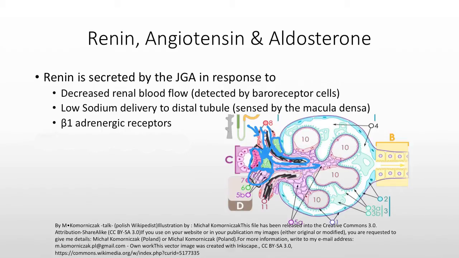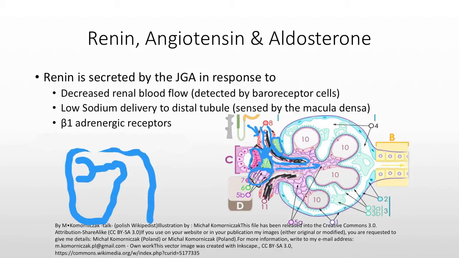Another way is, suppose this is my glomerulus, my proximal convoluted tubule, loop of Henle, distal convoluted tubule, and collecting duct. Suppose my flow rate is really high coming in here, then by the time I get past the proximal convoluted tubule, I'm not going to have reabsorbed all of my sodium. I'm going to have a lot of sodium that I just didn't have enough time to reabsorb because the flow rate was too high.